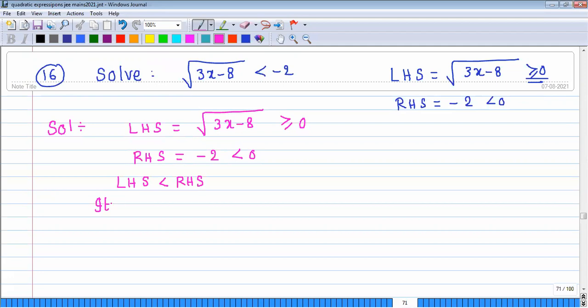It is impossible. It is not possible. So therefore it has no solution. Hence, x is equal to, you can write phi.